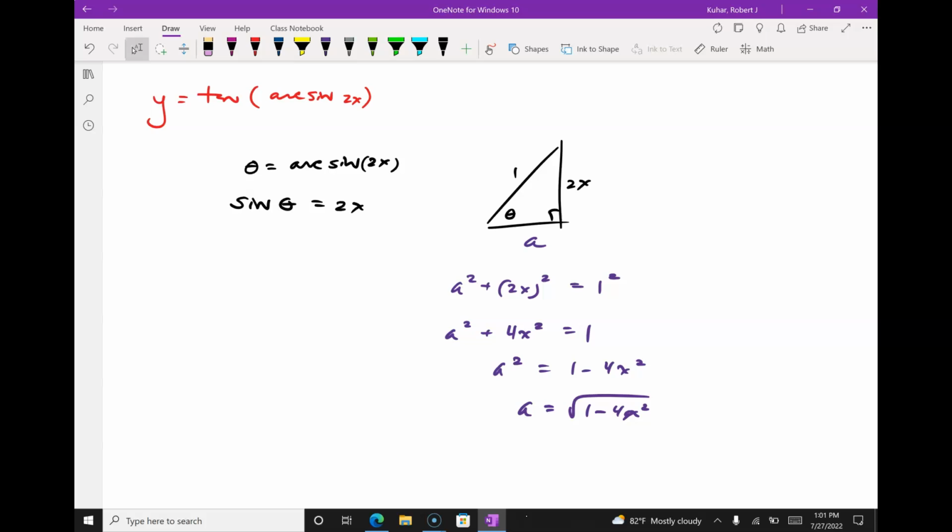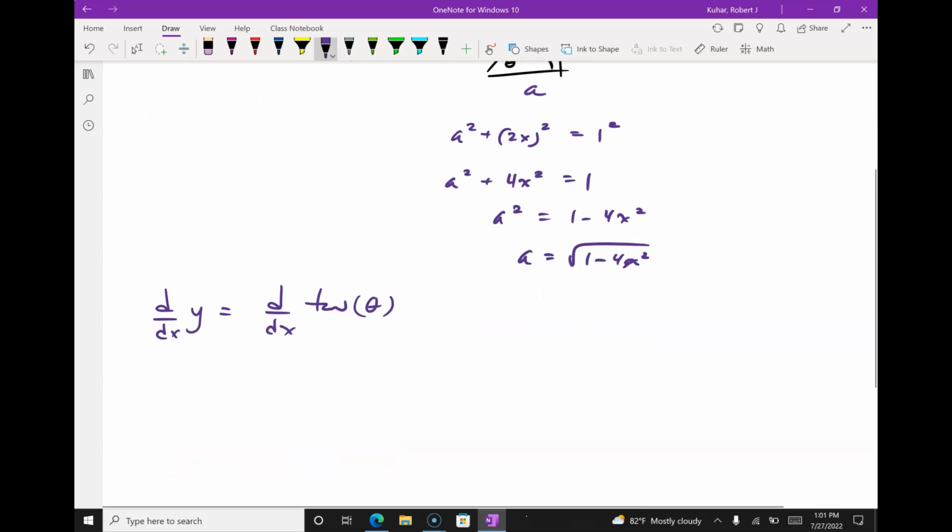You okay? Good. Let's take our derivative now. d dx of y should equal d dx of the tan of theta. I just don't feel like writing out arc sine of 2x, but that's what it is. So on the left, I get y prime. That's what I wanted. On the right, derivative of the outside function is secant squared of theta, that's still the arc sine, times theta prime, times the derivative of the inside.